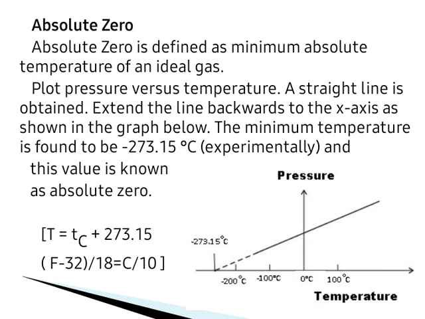There is another expression used to convert Fahrenheit scale of temperature into Celsius scale of temperature or vice versa. The expression is F minus 32 whole divided by 18 is equal to C by 10, where F is the Fahrenheit scale of temperature and C is the Celsius scale of temperature.